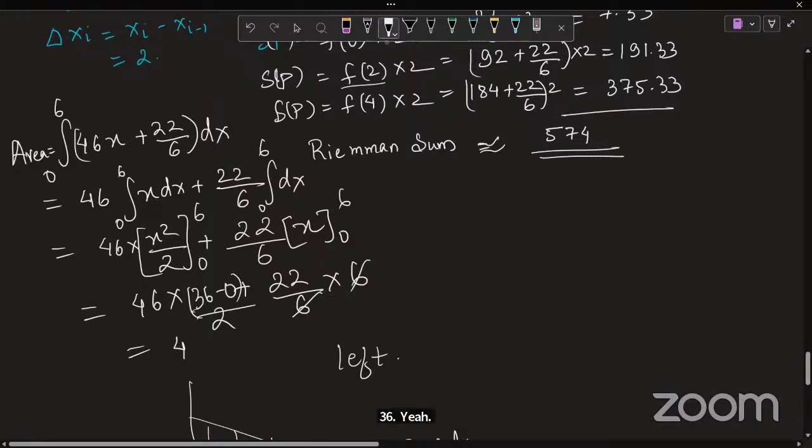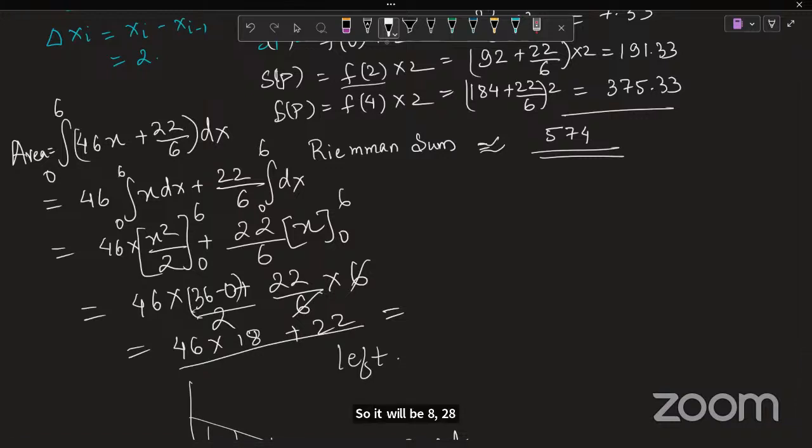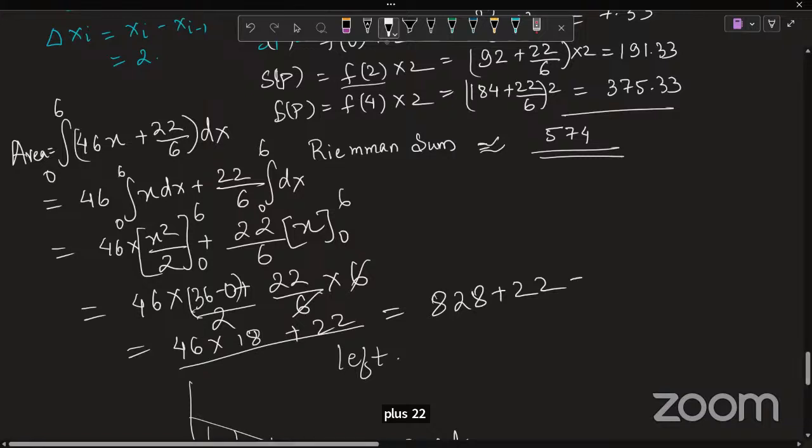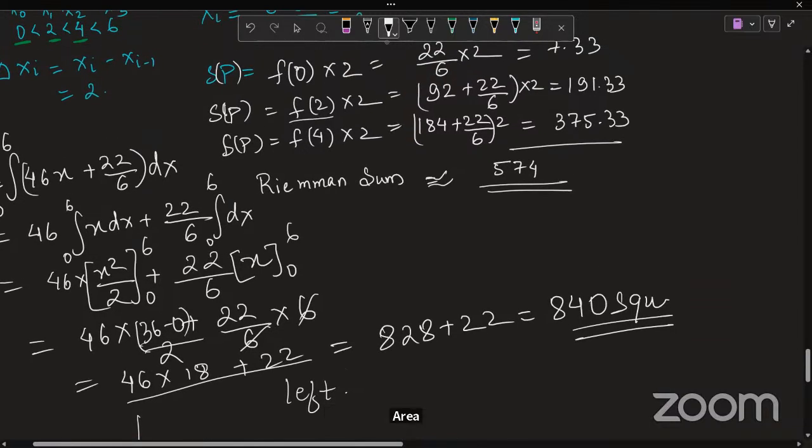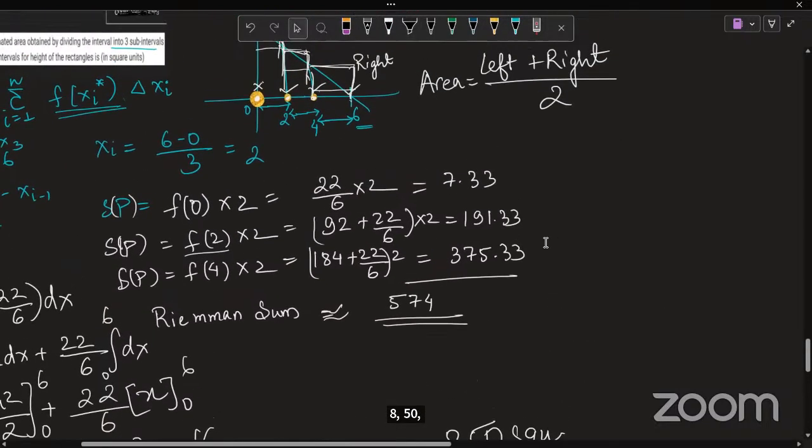Okay, so 18 into 46 is 828, plus 22, so 850 square units. This is our area, 850 square units.